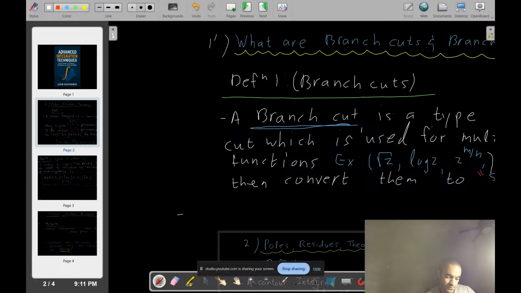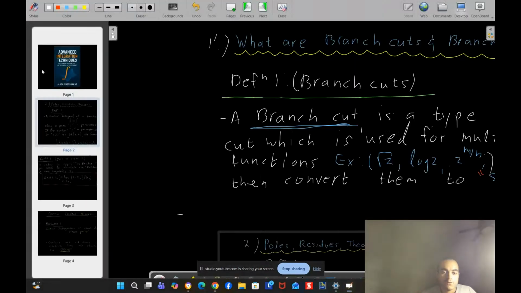Yes, I think we're going to use this. This is a good definition that they have. That's really good for branch points. So we're going to talk about branch points now.